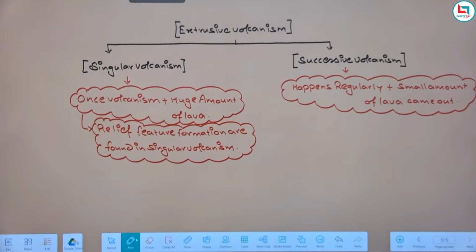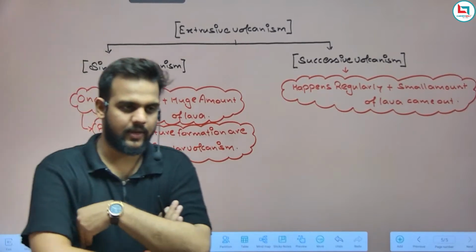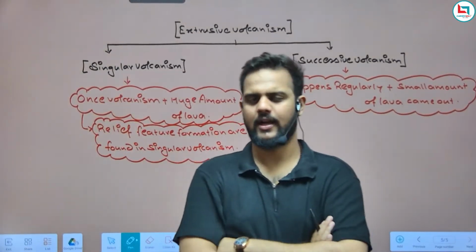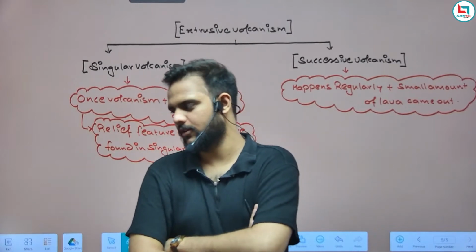Okay. Done. I'll write a bit larger. So just tell me first of all, are you getting the points or not? Are you able to understand these things or not? I'll write it in a big font.